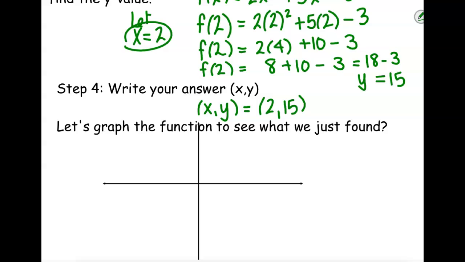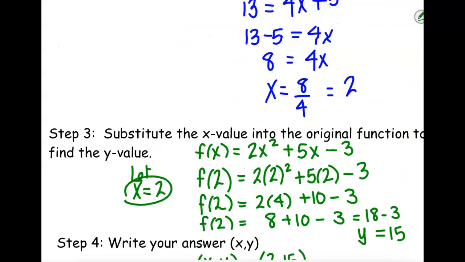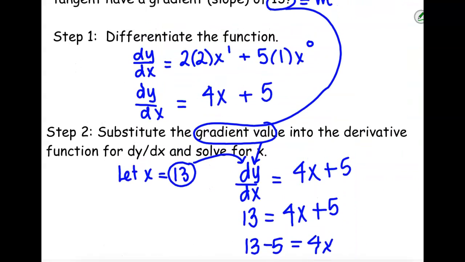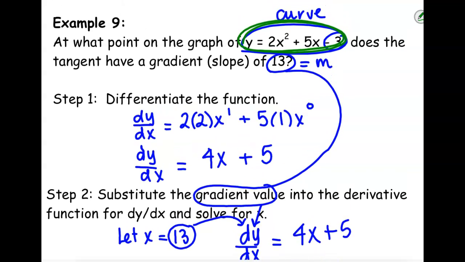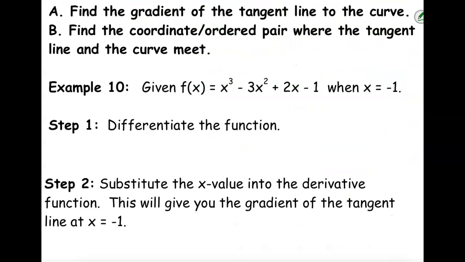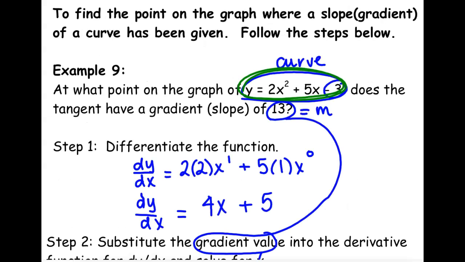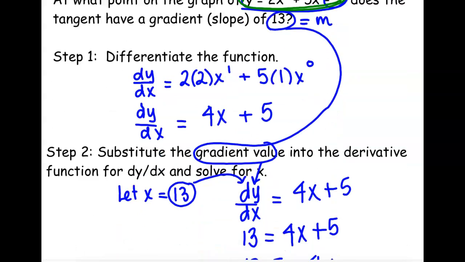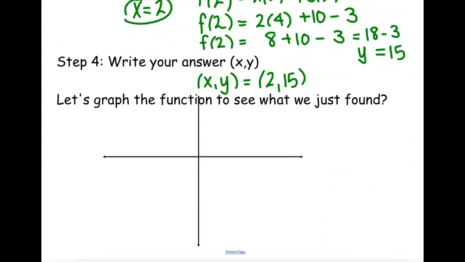Let's graph the function and see what we just found. So if we go back up, there was our original function. It's a quadratic. The tangent line has a slope of 13. All right, so to bring this back down, what did we find?